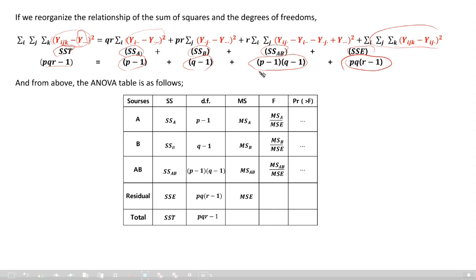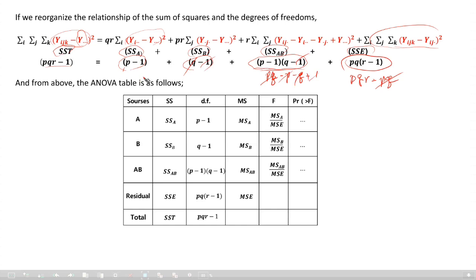Then for equality, the degrees of freedom should be P minus 1, Q minus 1, PQ minus P minus Q plus 1. So equality holds. This one is PQR minus PQ. So PQ cancels out, P out, Q out. PQR here minus 1, and minus 1 out, and minus 1 left.